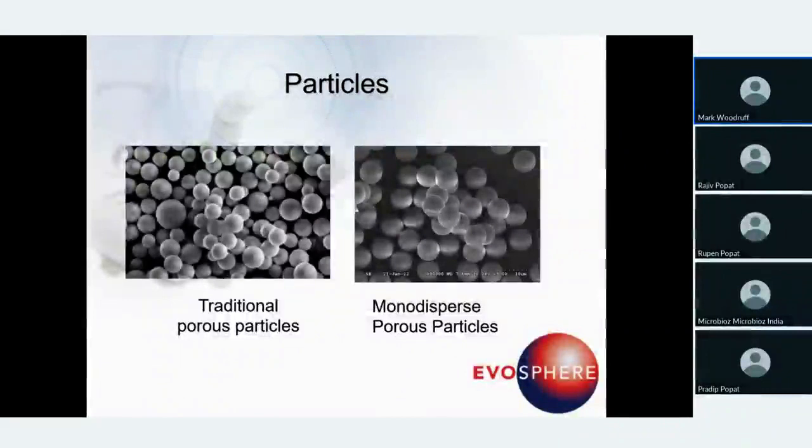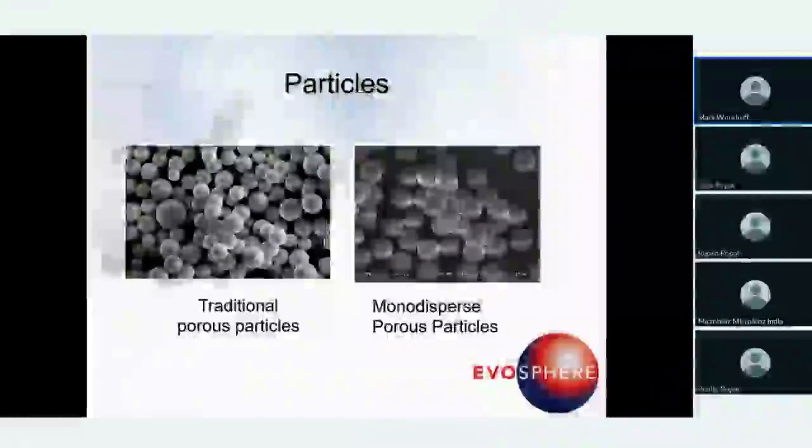So these are a relatively large spread of particle size with an average of 5 micron. So that gives you an efficiency somewhere in the region of about 80,000 plates. And that's what we've been using for the last 10 or 15 years, generally when we've been packing and making silica-based columns.